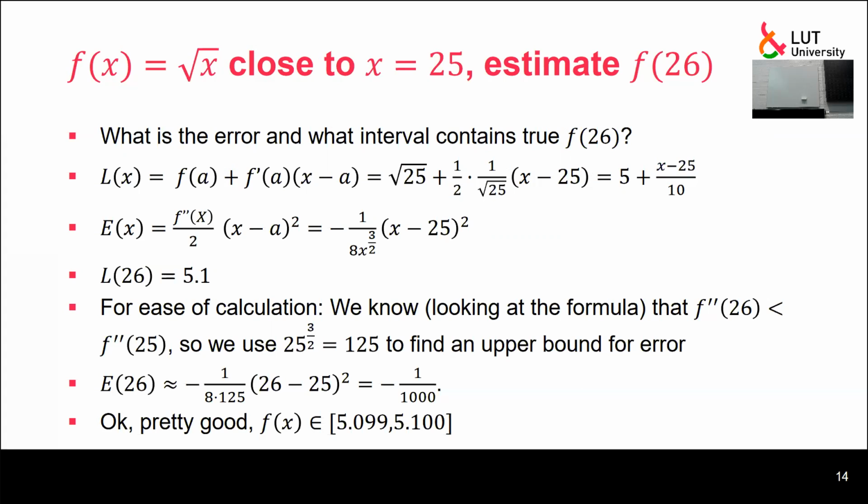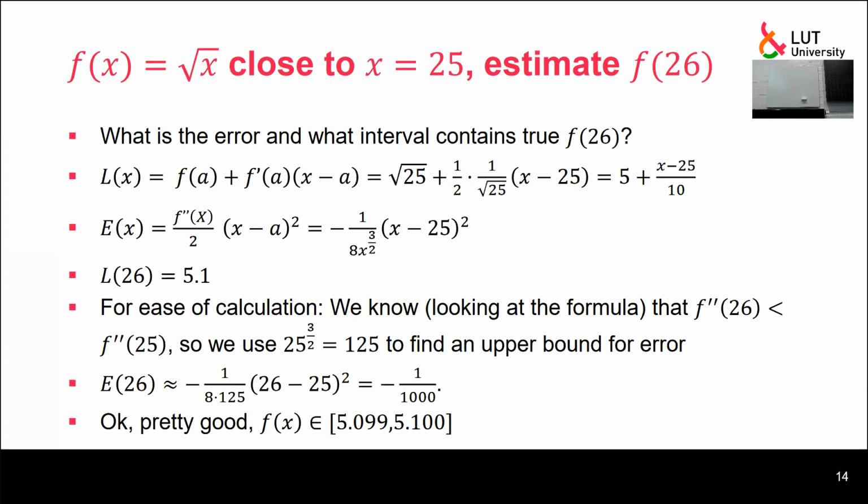So we're going to estimate the square root of 26 based on putting a tangent line on the square root function at 25. Again, just using the linearization formula, we get that the estimate is 5 plus (x minus 25) over 10. The error estimate is slightly more complex.